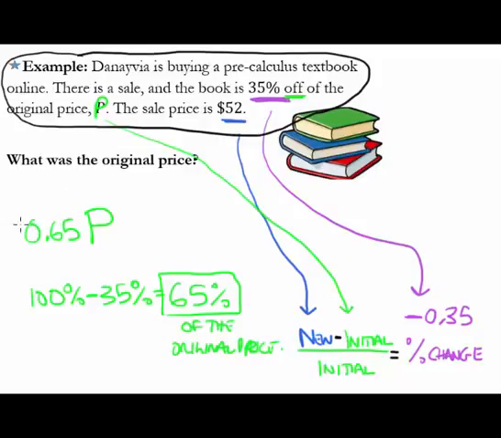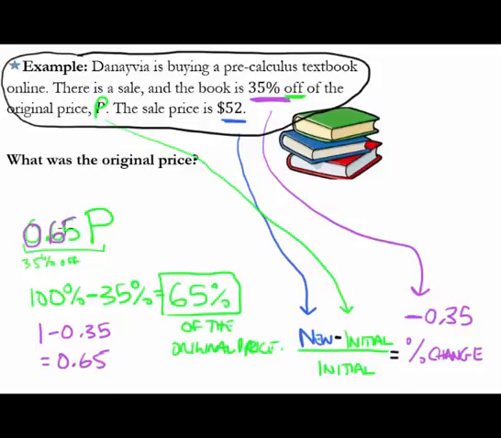And so this is how I can represent 35% off. So this thing all represents 35% off. And if I didn't want to work with percentages, I could have immediately just worked with decimals, because 100 minus 35% is equivalent to 1 minus 0.35, which is 0.65, which is exactly what we have here, okay?